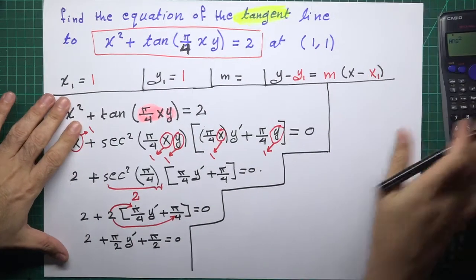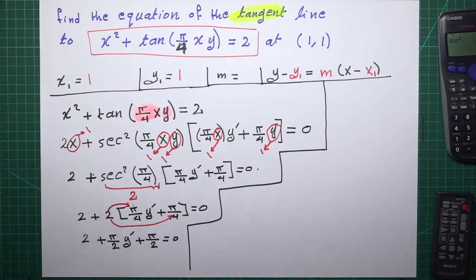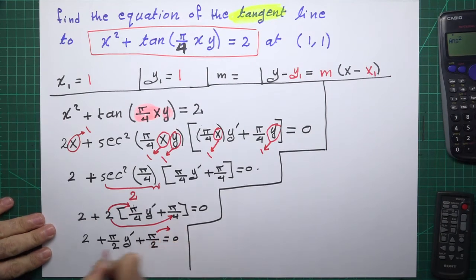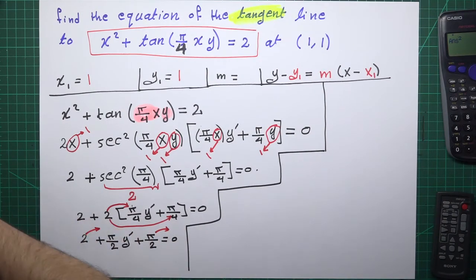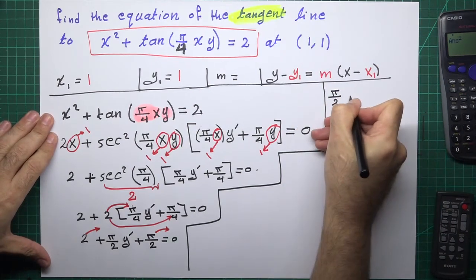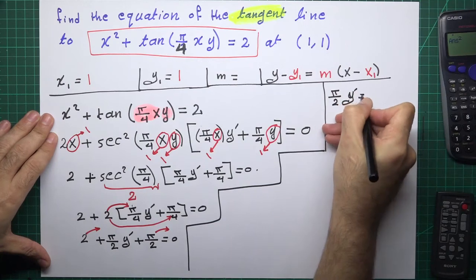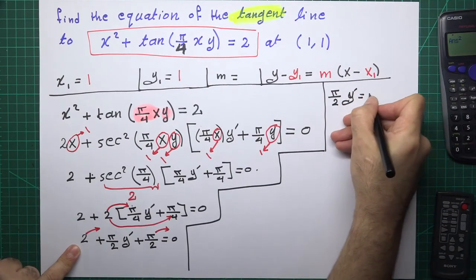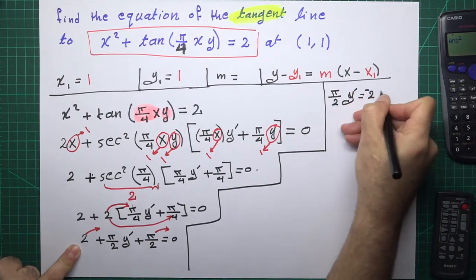الآن يا أحبتي مهمتنا أن to solve for y prime، يعني how to find y prime out of this. I will shift this to the other side and this to the other side. It's like linear equation with y prime. It will be pi over 2 y prime equals بإمكانك تقلب ال 2 بالأول تصير minus 2.